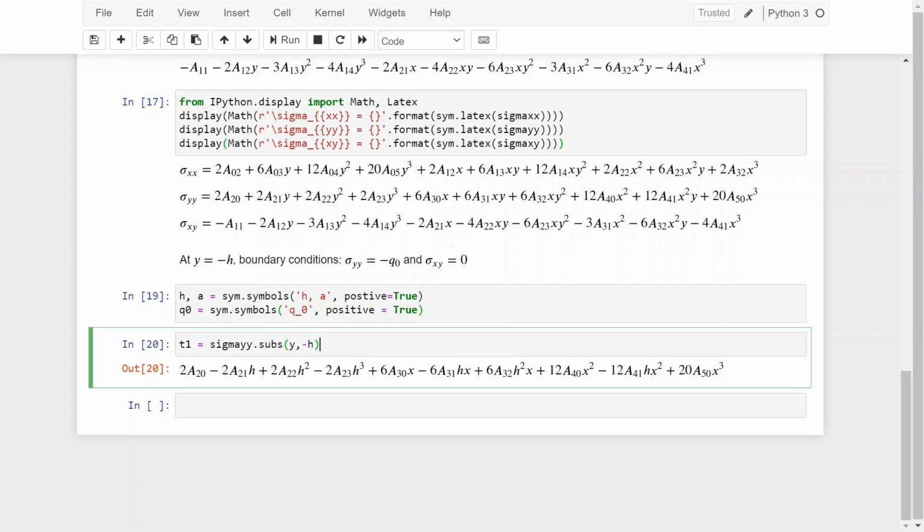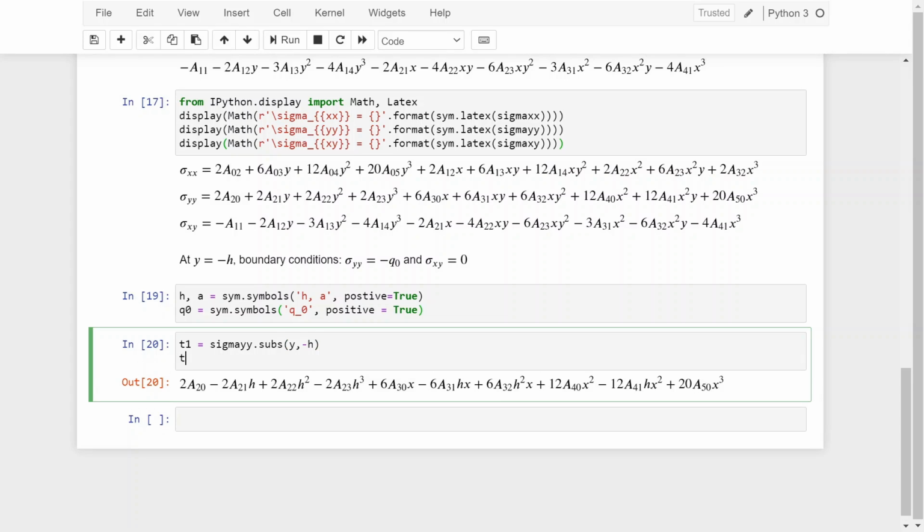Now we can use this e1 expression as part of our boundary condition. Similarly, we'll also have t2, that will be sigma xy dot subs y comma minus h. So we can display this T1 and T2, but that's not necessary.